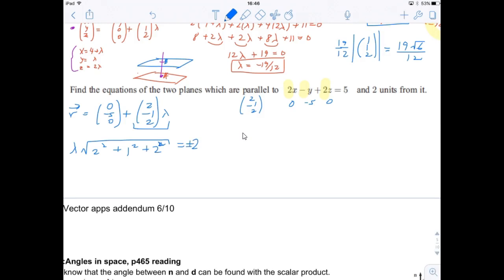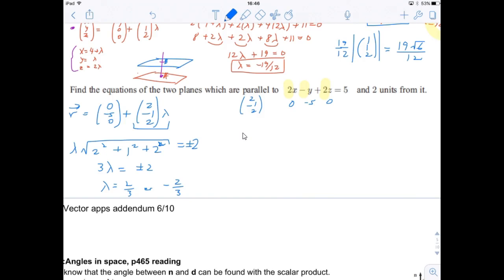Okay, so that would be 3, because 2 squared plus 1 squared plus 2 squared is actually 9, and square root of 9 is 3. So 3 lambda equals plus or minus 2. Lambda equals 2/3 or negative 2/3. Those are the two possibilities of lambda.